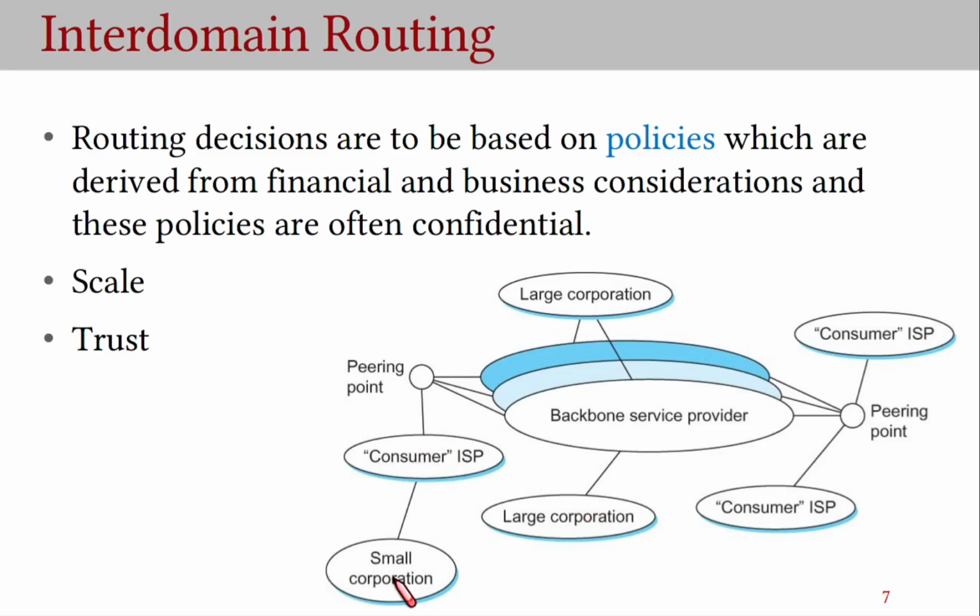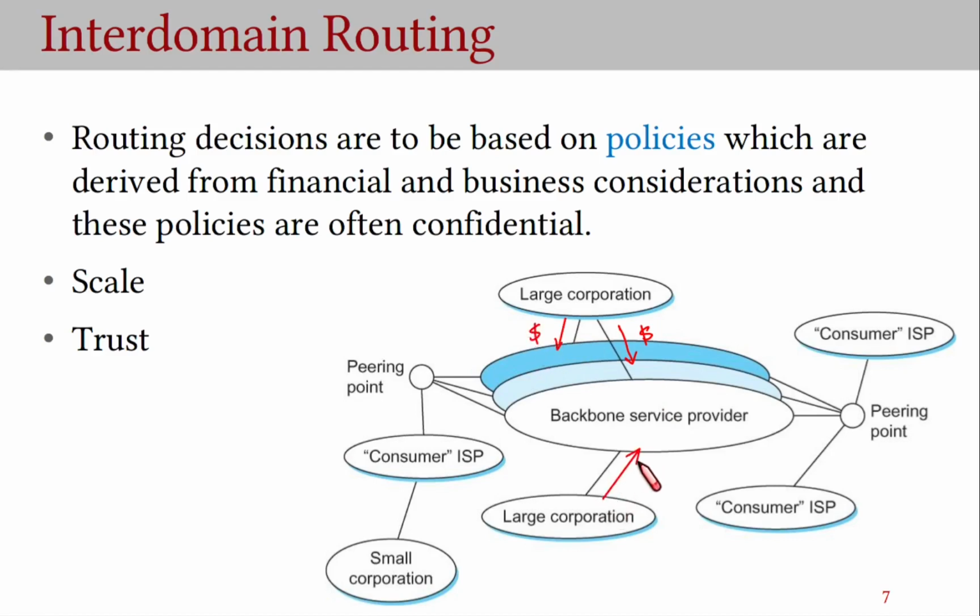And so, what sort of complicates routing here is that these policies are based on financial considerations. So typically a consumer is going to pay some money to the provider. So there is a money flow from the corporation to the backbone provider, and similarly to this other one.